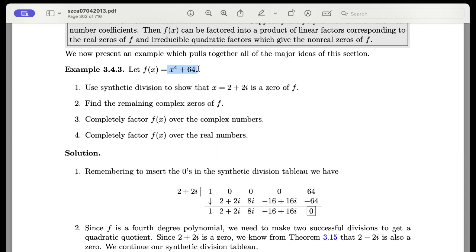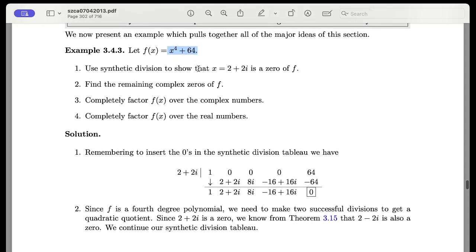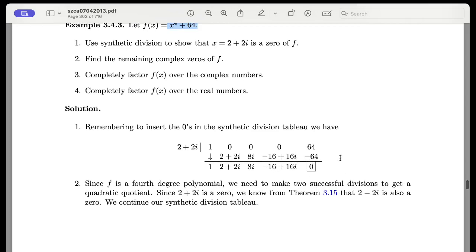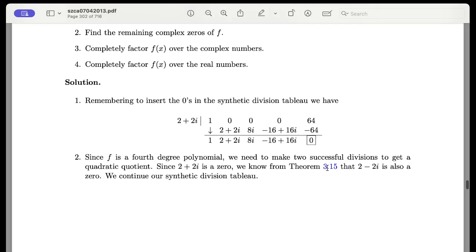And what are they? Well, we take a guess at one of the zeros, and synthetic division works even if you use complex numbers as the minus r thing. So it comes out 0, meaning the remainder is 0. Rather, it means that it divided evenly into the original polynomial.